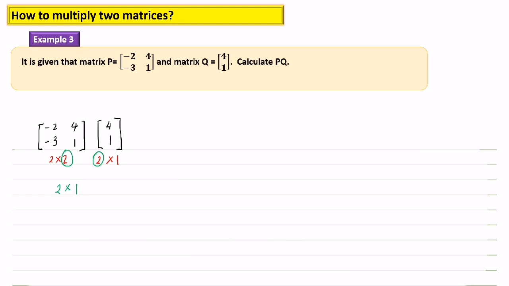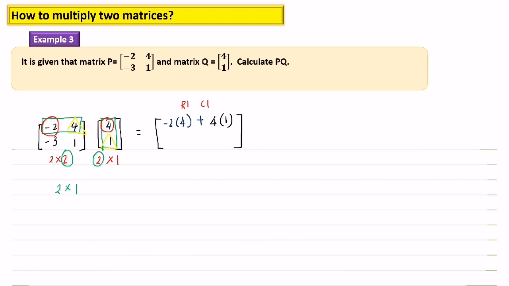Okay, so you multiply row by column. You will obtain negative 2 times 4 plus 4 times 1. So we settle this already. This is first row, first column, because we only have one column.